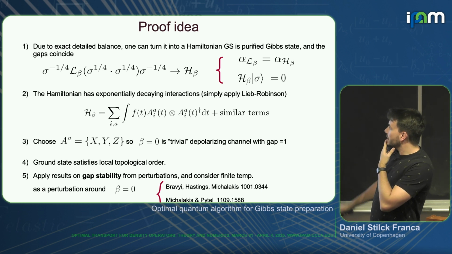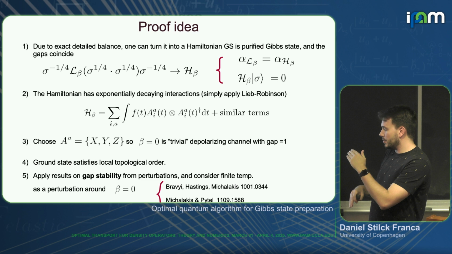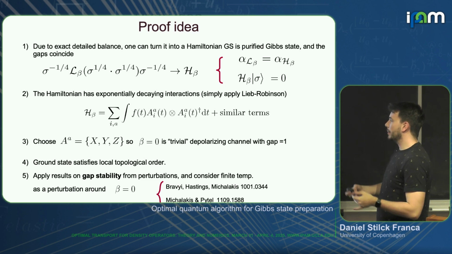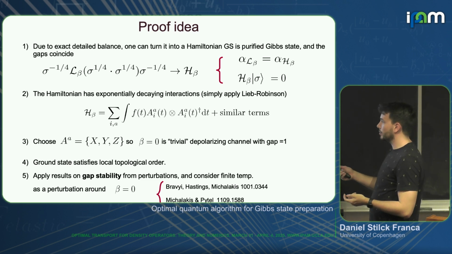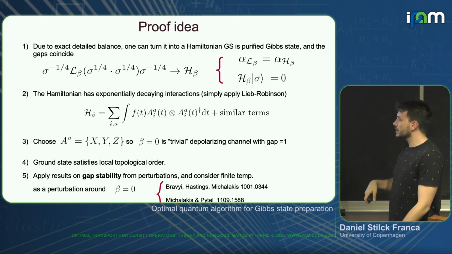This Hamiltonian has the property that the vectorized Gibbs state is its ground state, and the spectral gap of the Lindbladian is then just the spectral gap of this Hamiltonian. This is also a well-known trick, so it's not like we invented this.